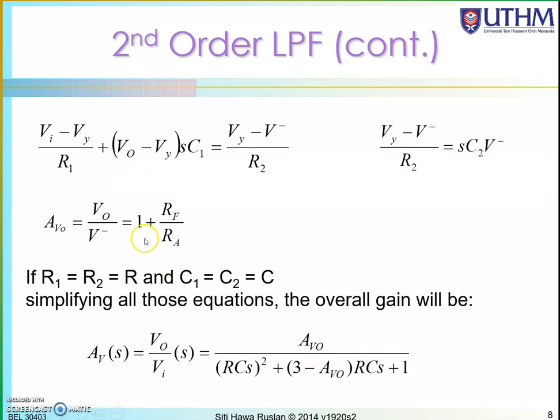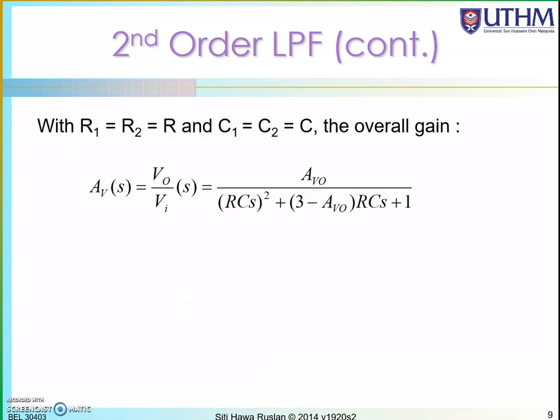AVO is your gain. Okay. There is a power of 2 over here, indicating this is a second order. Okay. So this is the equation just now. And from this, you can get the cutoff frequency. And the cutoff frequency is 1 over 2 pi RC. So meaning that the two resistor and capacitor pairs just now will determine your cutoff frequency.